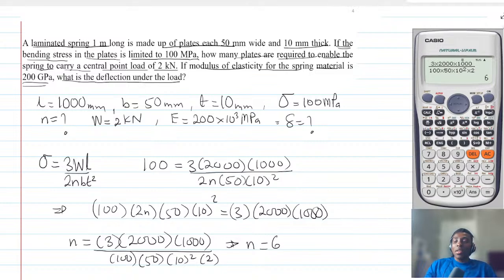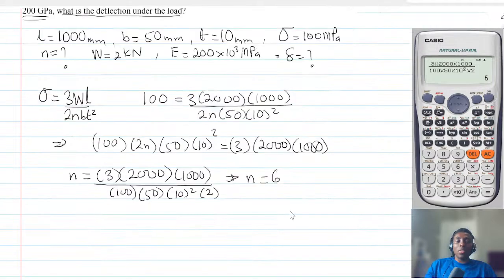Therefore n is 6. It means that we need 6 plates.